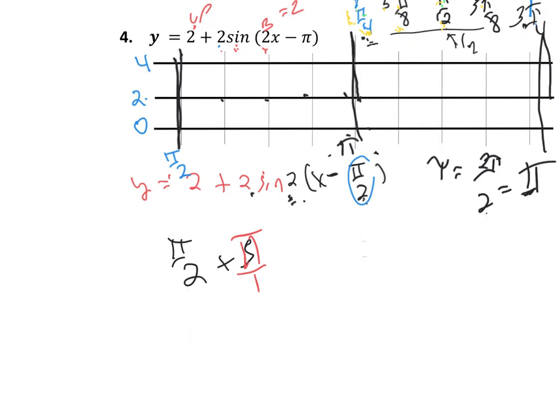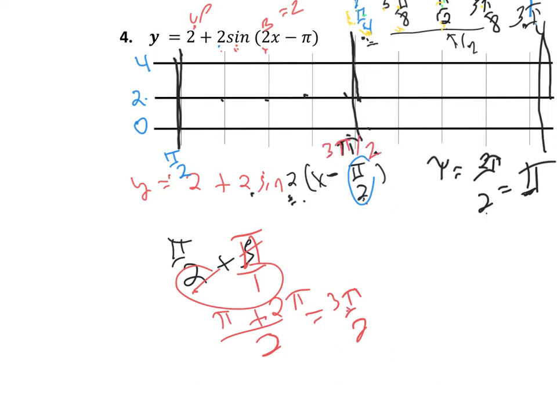Oh, I don't divide by 2. I'm just adding to it. That adds up to pi plus pi over 2 gives me 3 pi over 2. So the end point is 3 pi over 2.